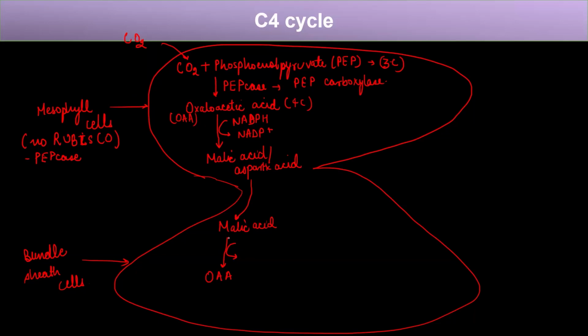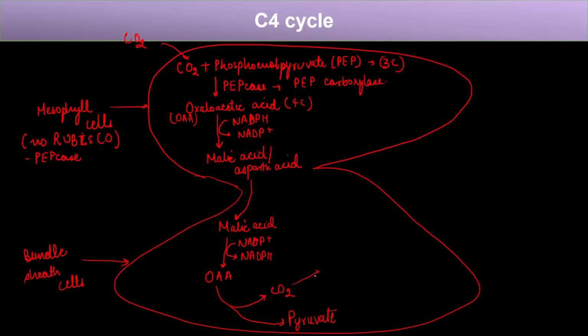Now this reaction is getting reversed, so here NADP plus gets converted into NADPH. And this oxaloacetic acid then gets converted into pyruvate, and when it does, it releases carbon dioxide. So the carbon dioxide that was taken up by the mesophyll cells gets released from oxaloacetic acid in the bundle sheath cells.